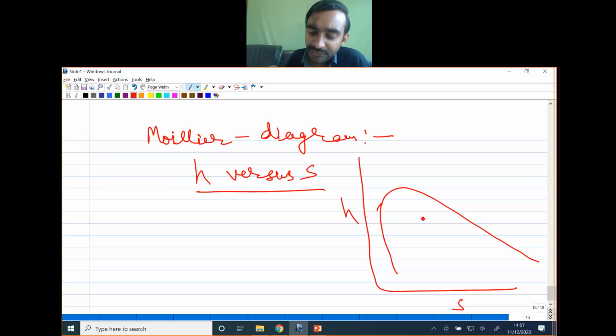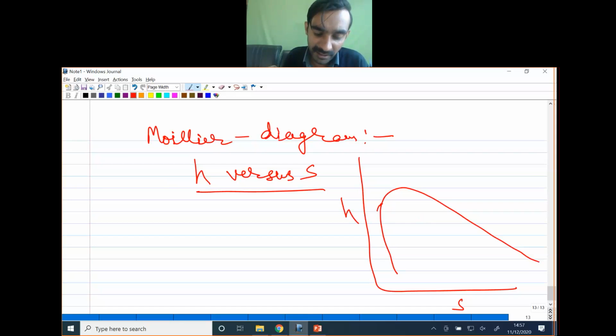On this Mollier diagram we can have different constant pressure, constant temperature and constant specific volume lines. However, we will take up the discussion on the Mollier diagram after we physically understand the significance of entropy and enthalpy in our subsequent lectures.